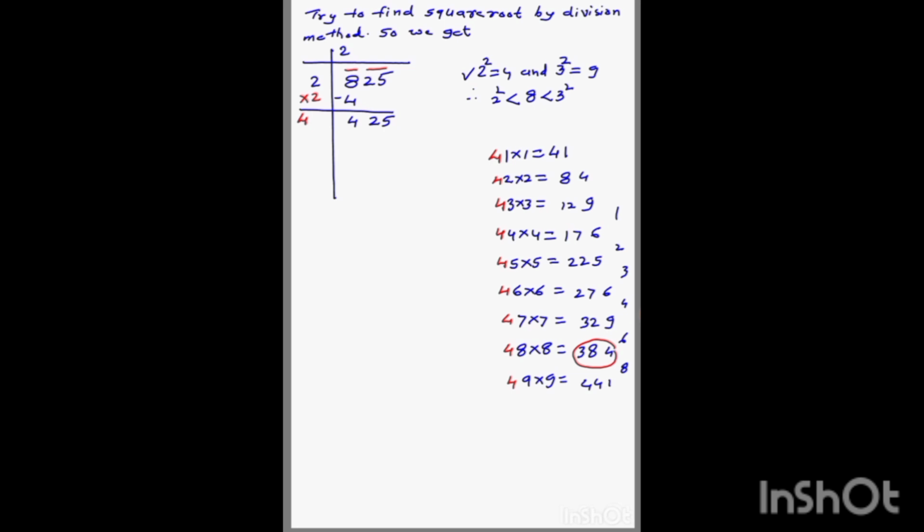So we take this number 384, because it is lesser than 425. See, you take the lesser number now. See the difference: in one method you take the higher number, but here the lesser number. So take 48 into 8, which is 384.